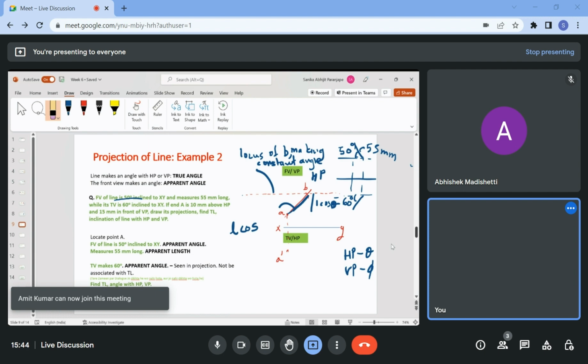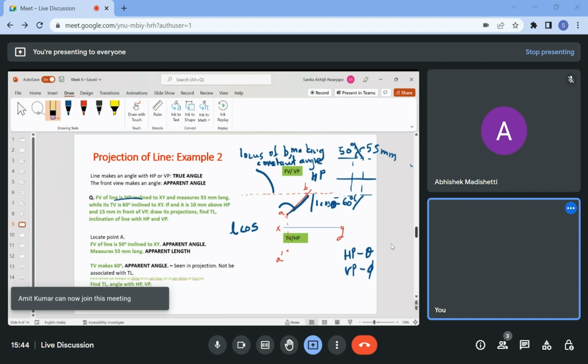So now if I join this point A and this point B, this will give me the true length. Since this line is now parallel to VP and inclined to HP, whatever angle I see right now here will be my true angle with respect to HP, theta.